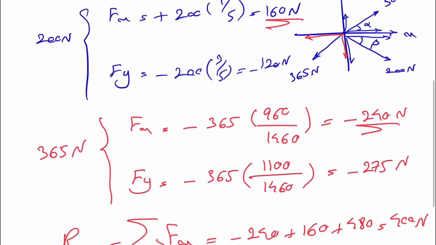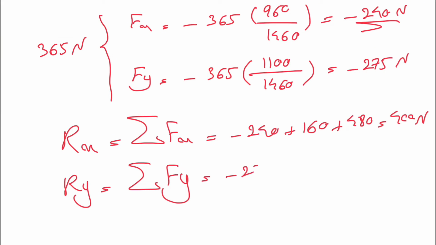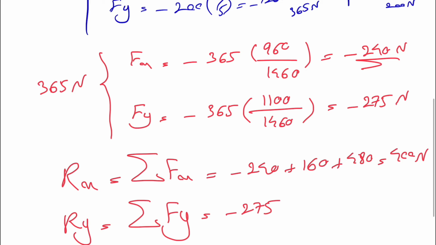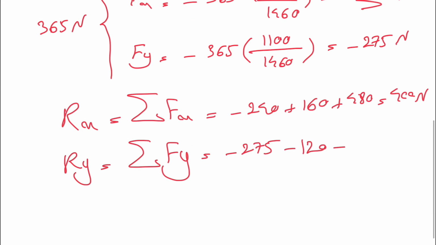We have the same thing for Ry: minus 275 for the tension, minus 120 for the 200 force, and 140 for the 500 Newton force. That gives us minus 255.